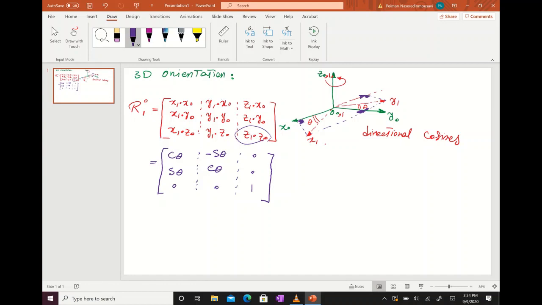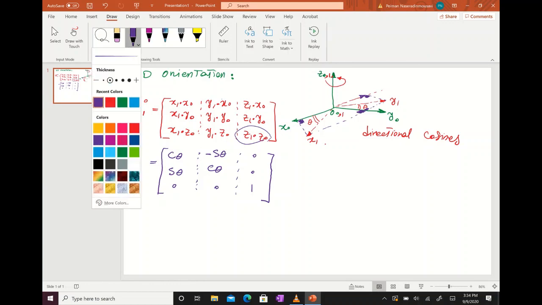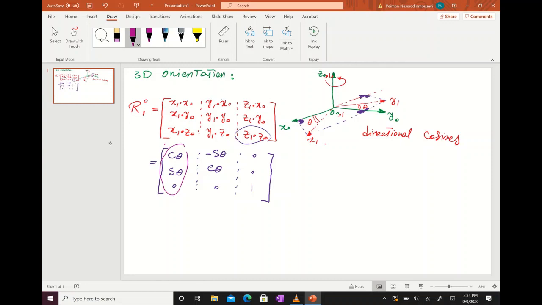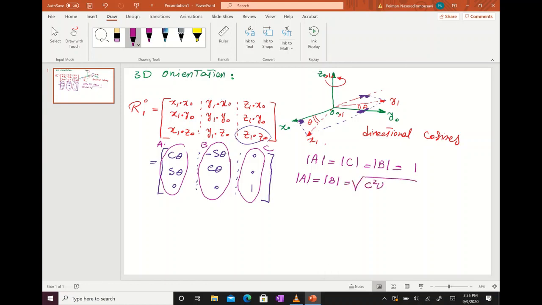So checking the orthogonal property that I explained in the previous class, if I name these columns of the 3D rotation matrix A, B, and C, we simply see that the magnitude of these vectors is obviously 1. The magnitude of A is equal to the magnitude of B, which is cosine square plus sine square, which is 1.